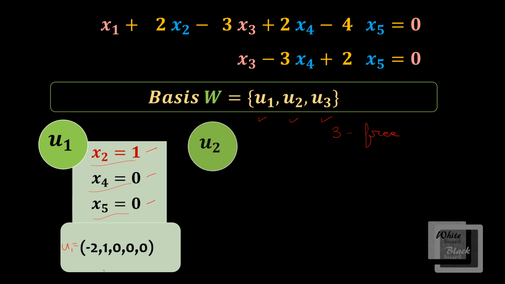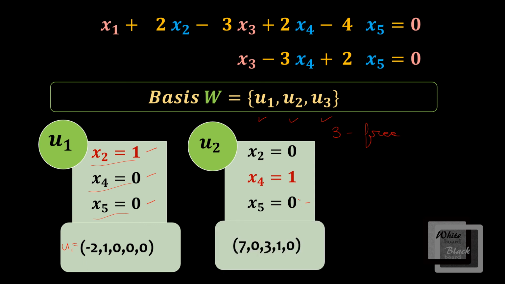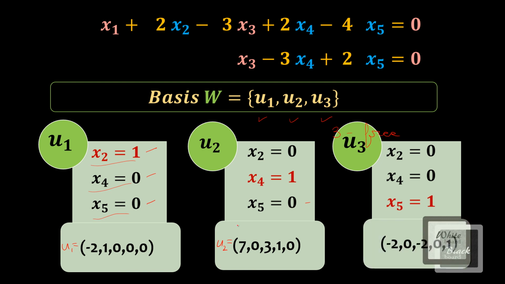For the second solution u2, I will put x2 equal to 0, x4 equal to 1, x5 equal to 0, and you will get u2, that is (7, 0, 3, 1, 0). For the third vector u3, put x2 equal to 0, x4 equal to 0, x5 equal to 1, and you will get the third solution u3, (-2, 0, -2, 0, 1).